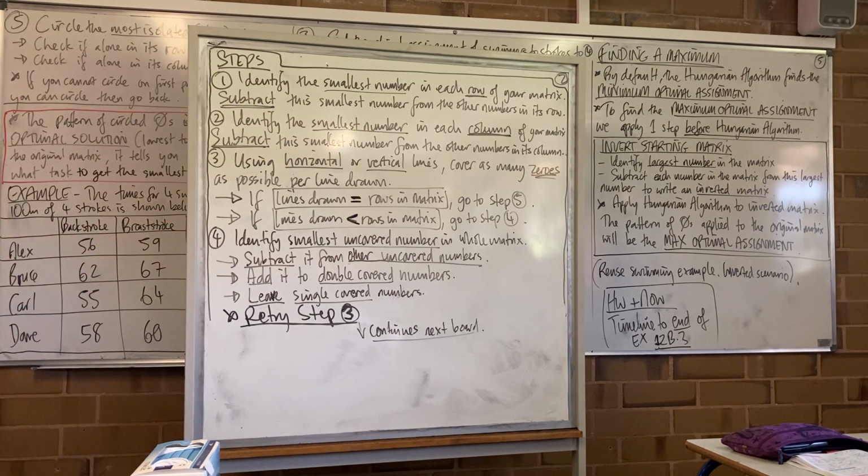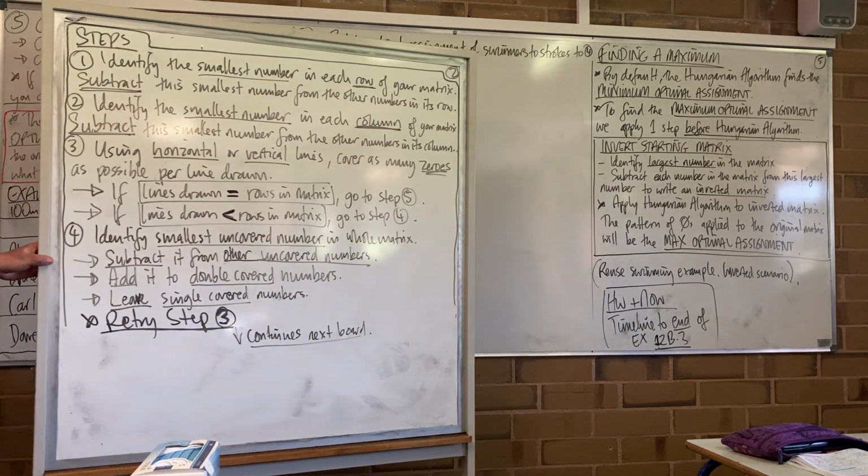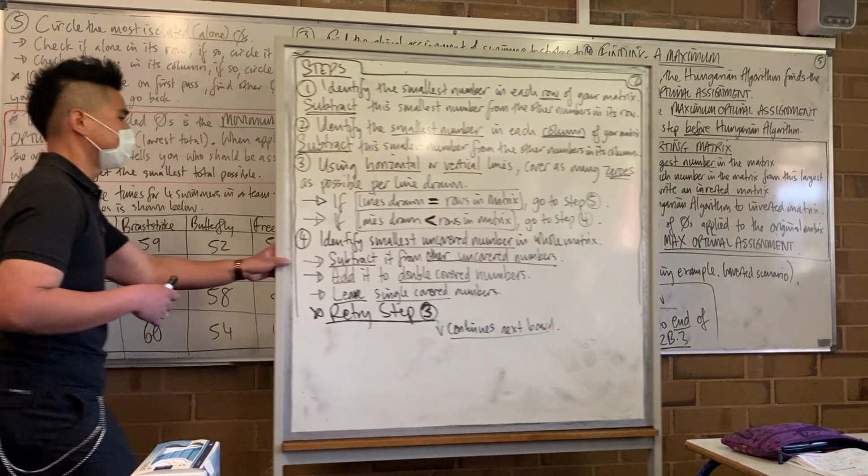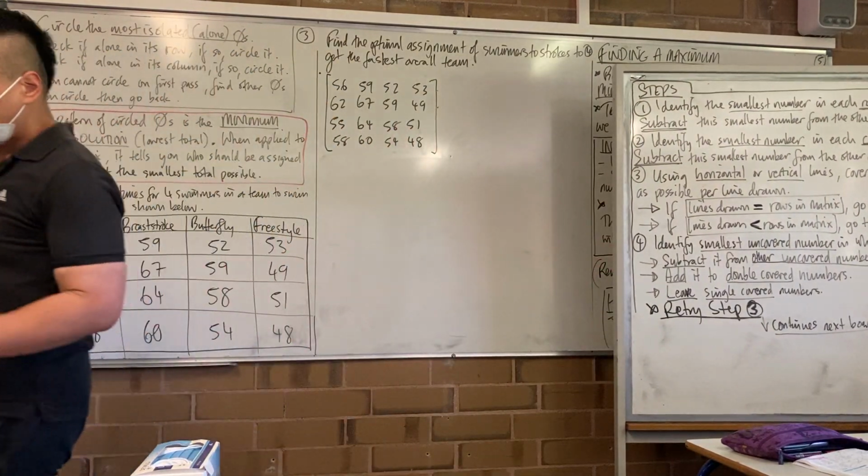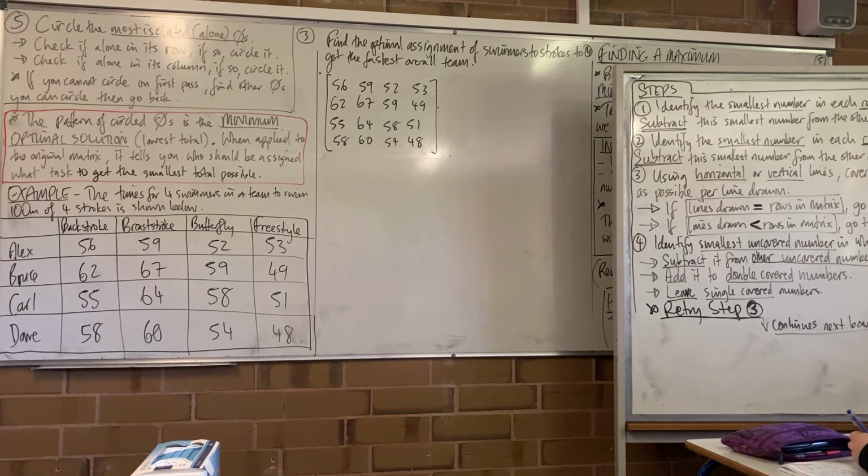I think it's best that I actually just show you that with a matrix, okay? Now I'll demonstrate it with our swimmer's situation, and then you can go on to step 5, what you can see while we're doing the example.